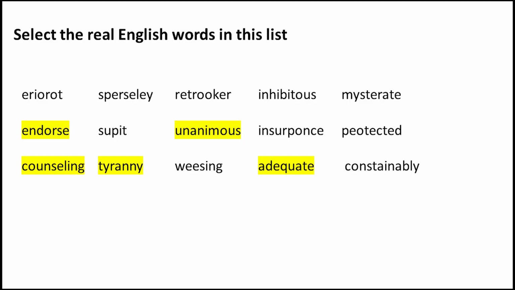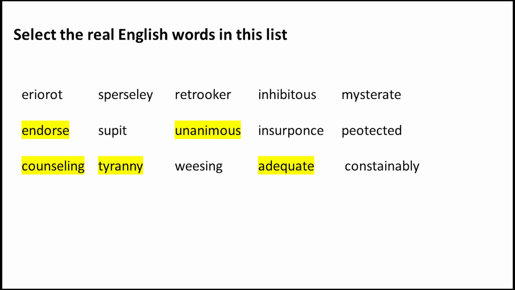Once again, we're identifying real English words. You can look up and study the prefixes and suffixes and parts of words. For right now, I'm just going to go over the real words. Endorse is a verb, and it means to say publicly that you support something. Unanimous is an adjective, and it's something that's agreed upon by everybody.